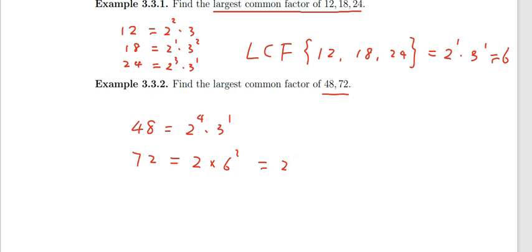So 2 squared times 3 squared, so that equals 2 cubed times 3 squared.